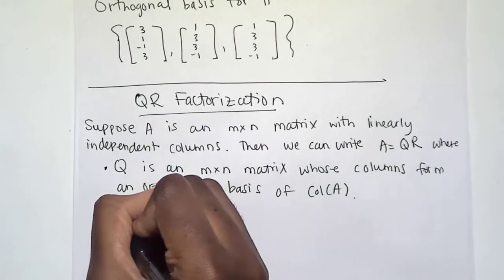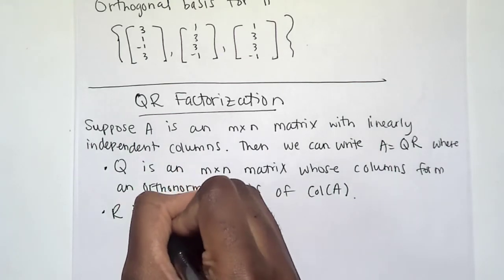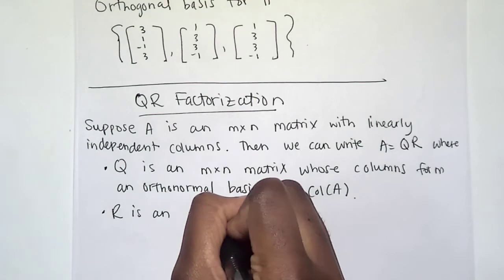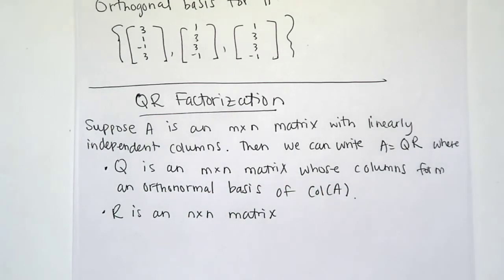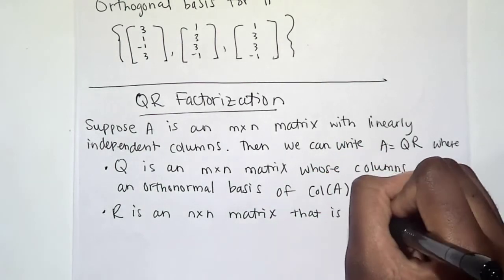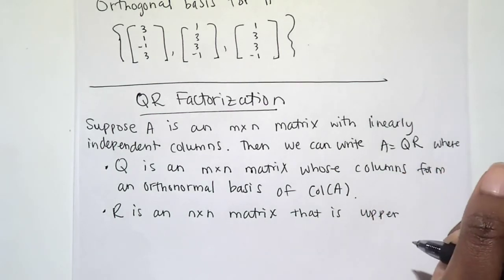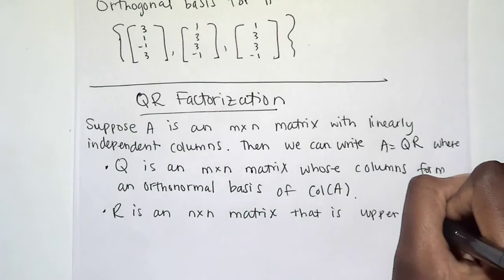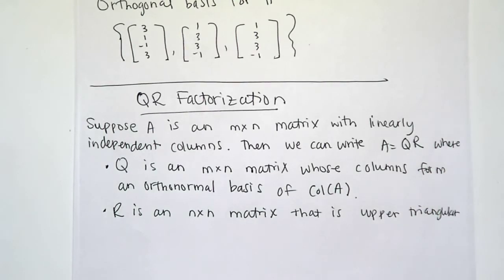And then the matrix R is an N by N matrix, and it needs to be upper triangular. That means the stuff is on the top, zeros on the bottom.